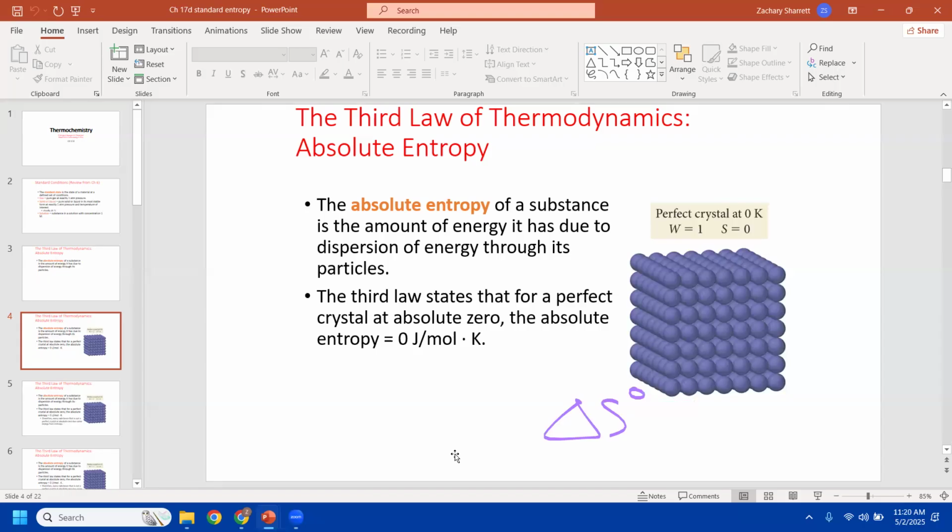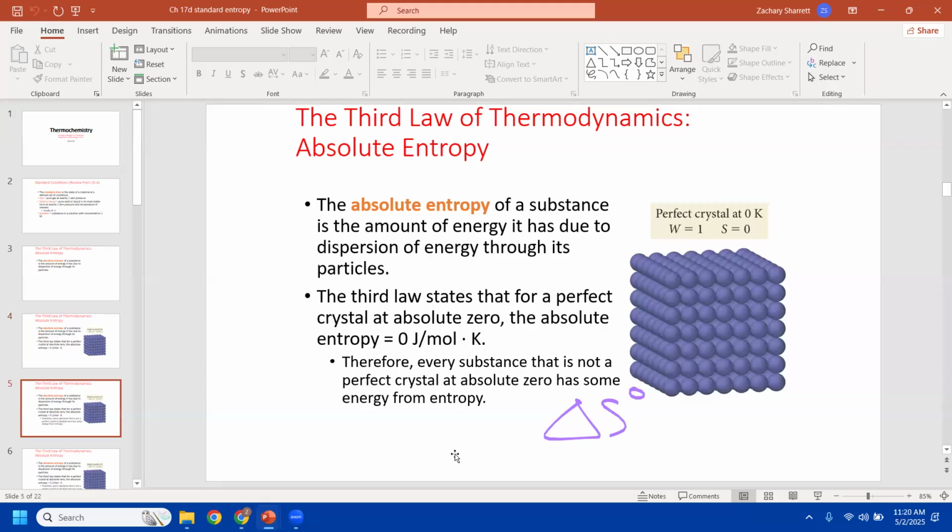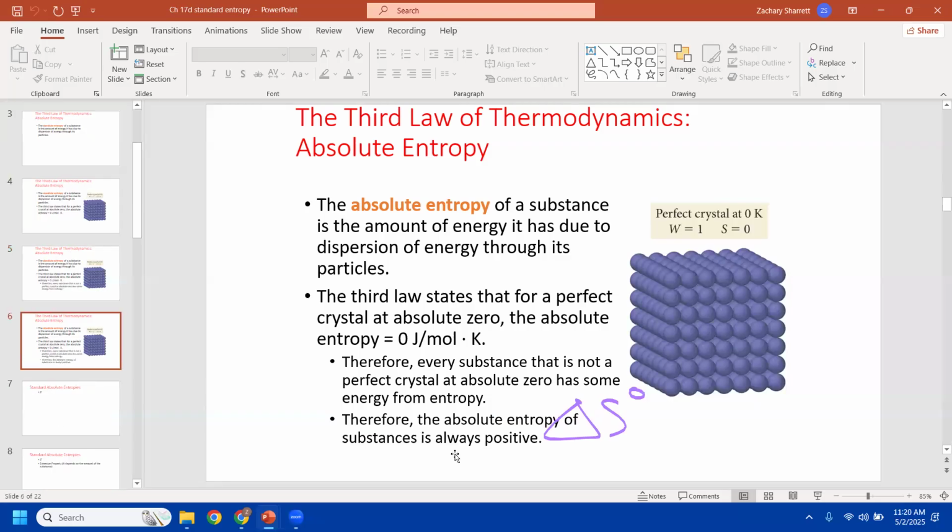I don't know how they can figure out how much entropy a piece of diamond at 25 degrees Celsius is compared to that graphite at 0 degrees Kelvin, but they made some way, and they've basically made a bunch of tables where we can use these values. So therefore, every substance that is not a perfect crystal at absolute 0 has some energy from entropy, right? So all of these will be positive.